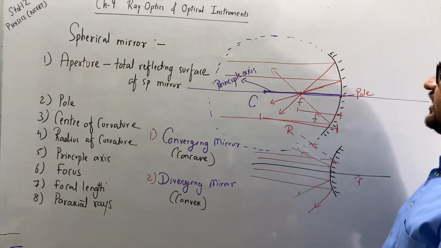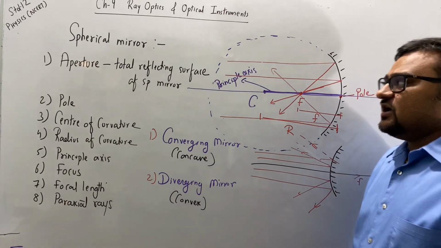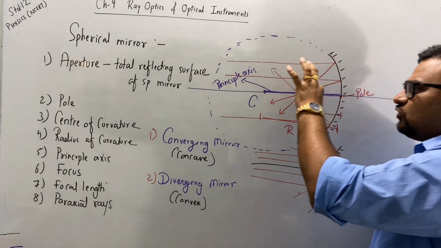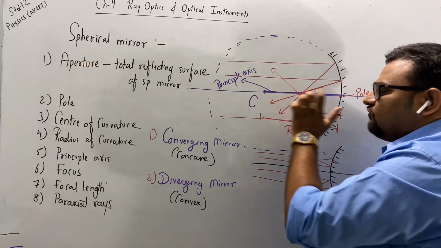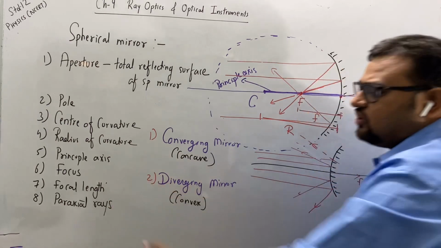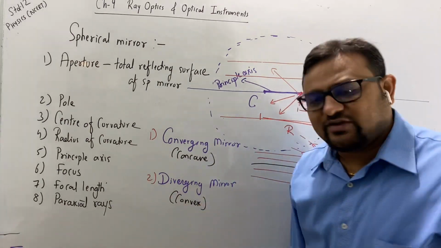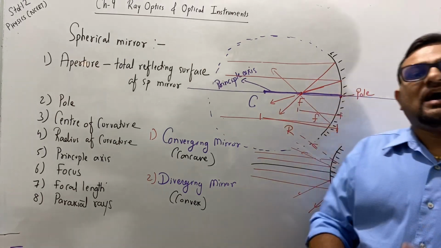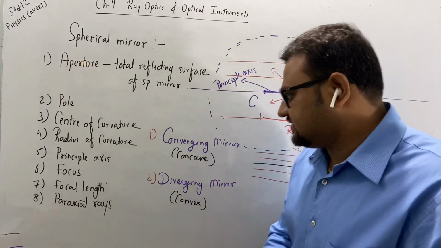Focus, okay, then what is focus? When parallel rays are incident on a spherical surface, they pass through a common point called focus. The distance between pole and focus is called focal length. Paraxial rays, the rays parallel and very close to principal axis are called paraxial rays.